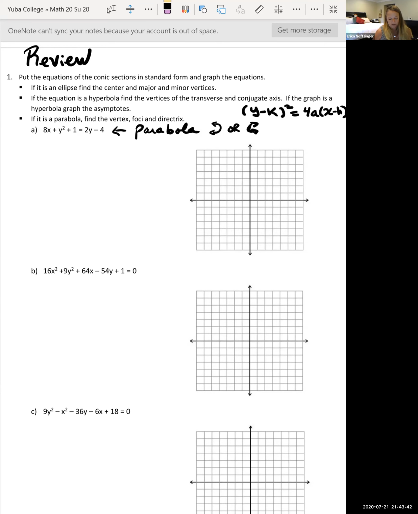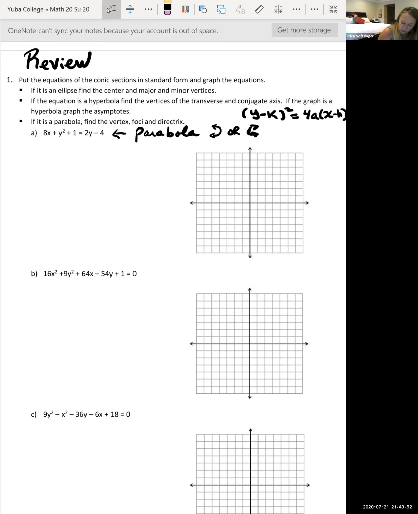So we want to group all of our y terms on one side of the equation, and all of our x terms and constants on the other side. We can do that by subtracting 2y on both sides, subtracting 8x on both sides, and subtracting 1 on both sides.